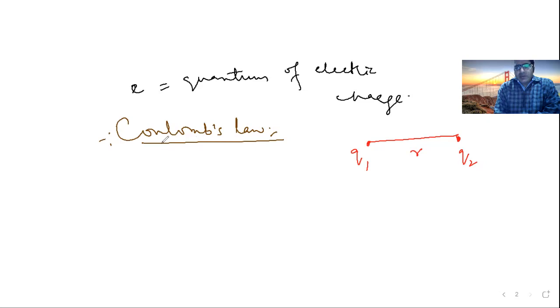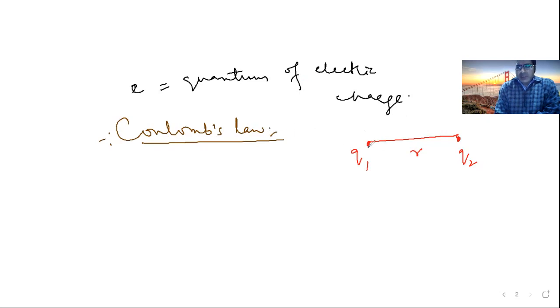It will be repulsive if both charges are like, both positive or both negative. It will be attractive if charges are unlike, that means Q1 positive, Q2 negative, or Q2 positive, Q1 negative. So electrostatic interaction is of two kinds, attractive or repulsive.